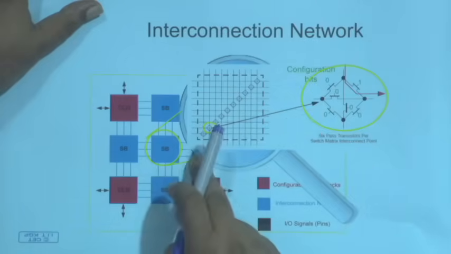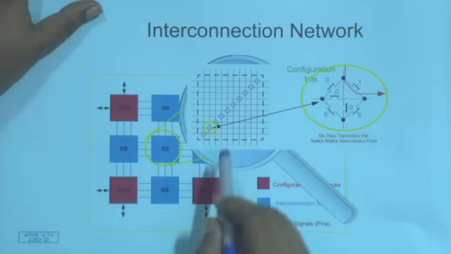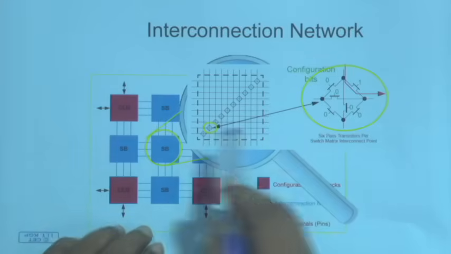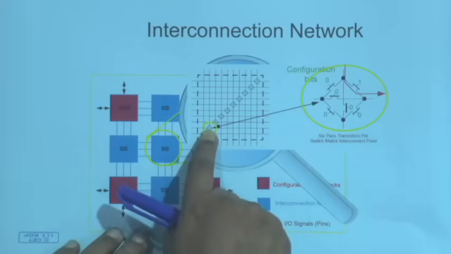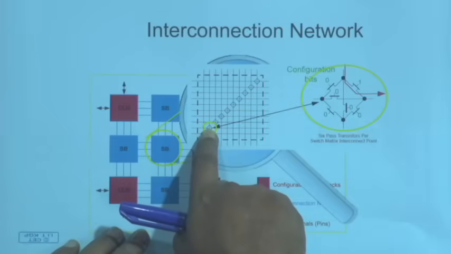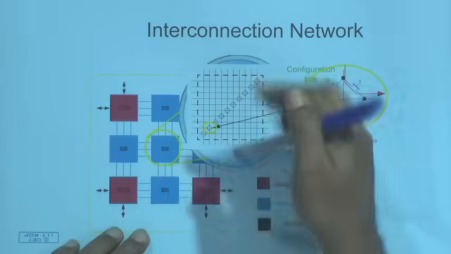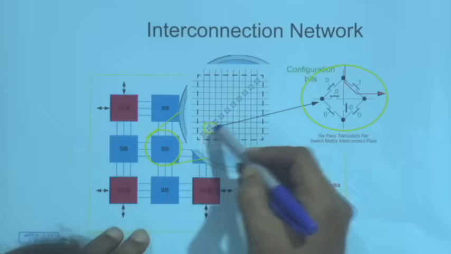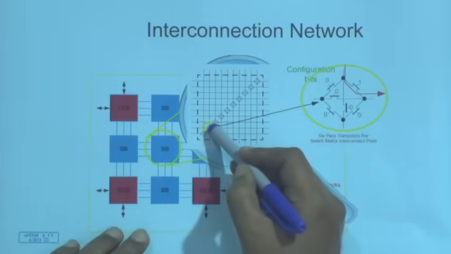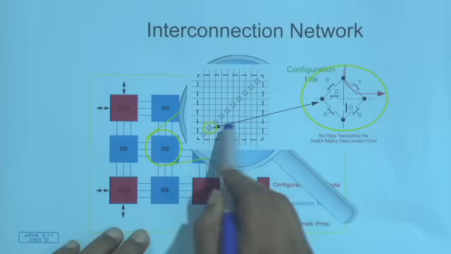At each intersection, how many possible routes are here? You can connect this to this, you can connect this to this like that, or you can connect diagonally.